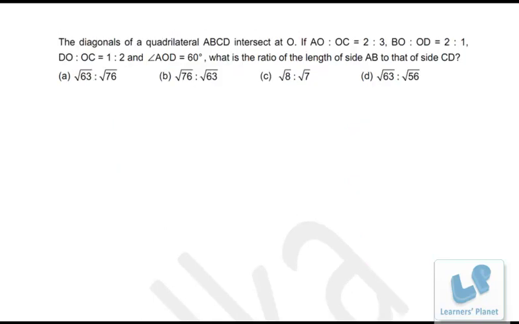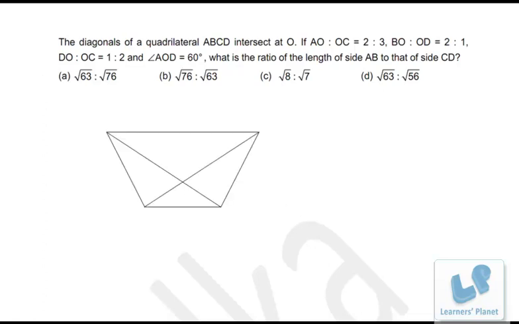Now we have this problem based on geometry. The diagonals of a quadrilateral ABCD intersect at O. The ratios and an angle are given. So first of all, I draw a rough quadrilateral over here. Now this is a quadrilateral A, B, C and D, and this is O. AO to OC is 2 is to 3.